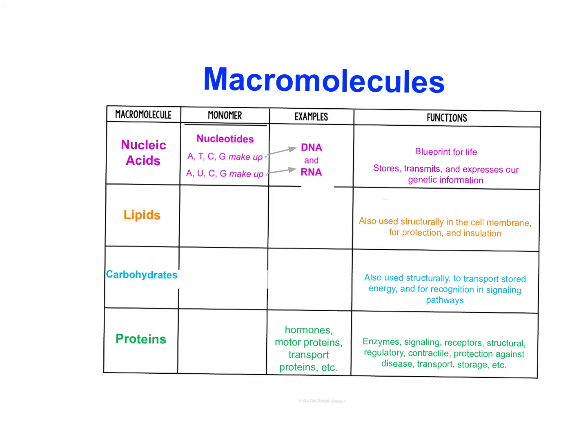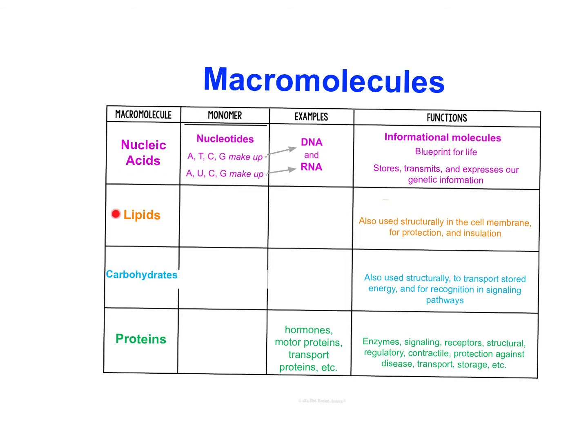And so this is going to make up DNA and RNA, with the U type being in the RNA. So if we look at the function that nucleic acid gives us, they are the blueprints for life. They store, transmit, and express our genetic information. It is DNA. That's what makes you you. So we're going to call this the informational molecules.